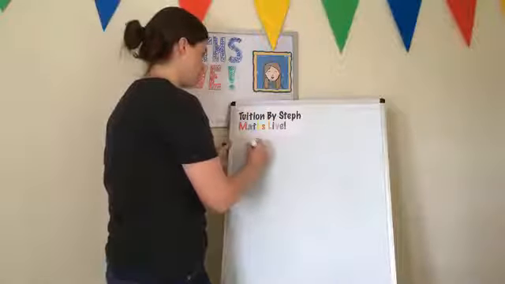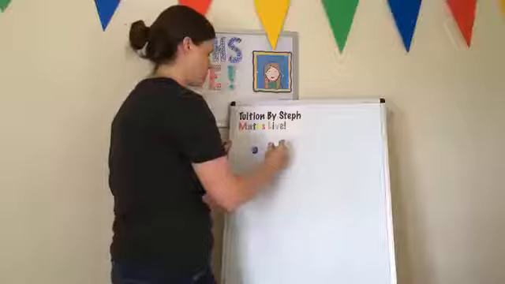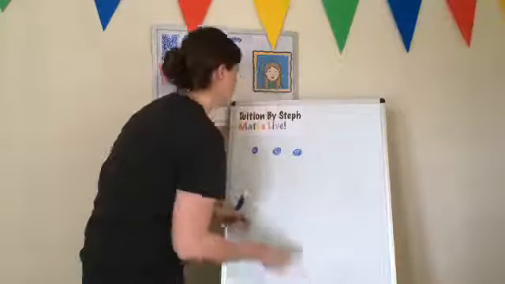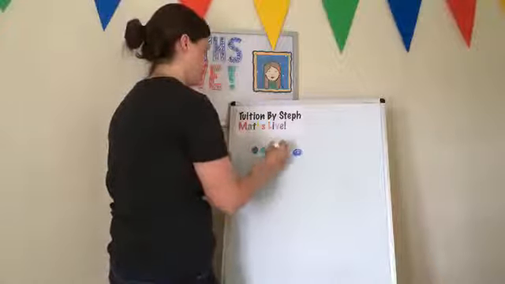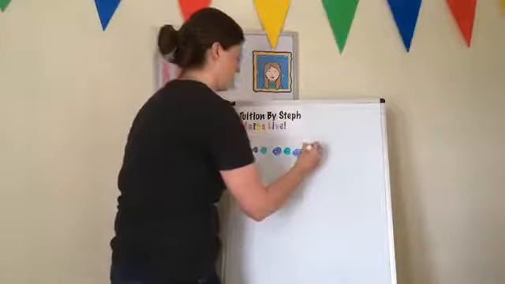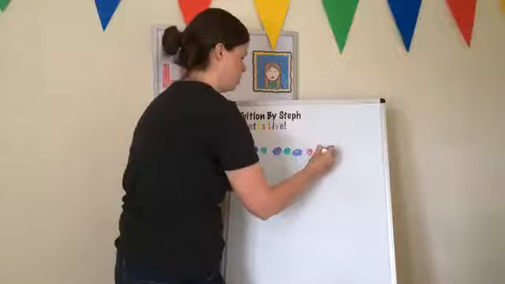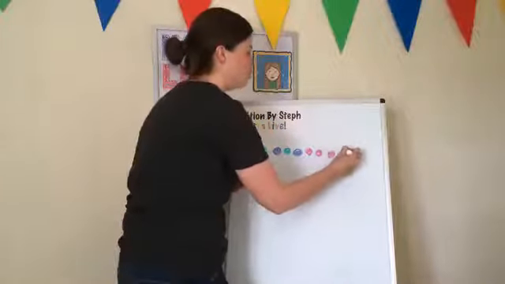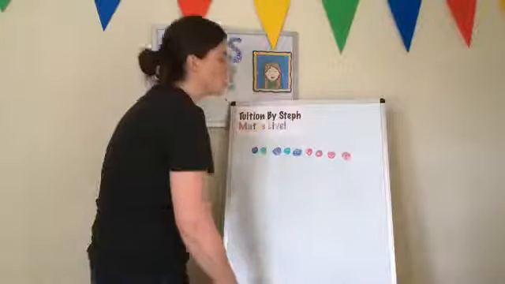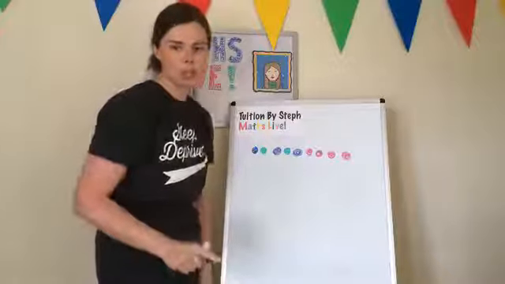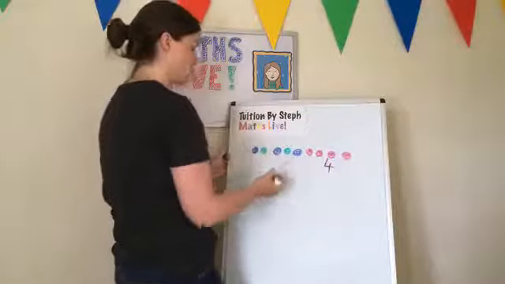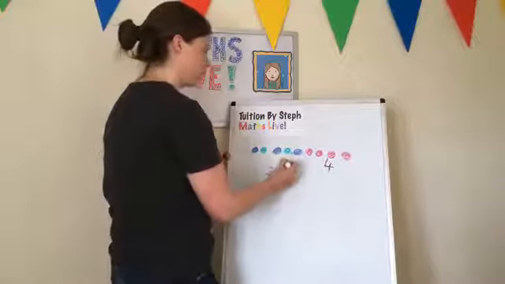So now I'll do blue, 1, 2, 3. I'm going to do a trickier one now. Pink, 1, 2, and green, 1, 2, 3, 4. The question might be, what is the ratio of pink to green to blue?